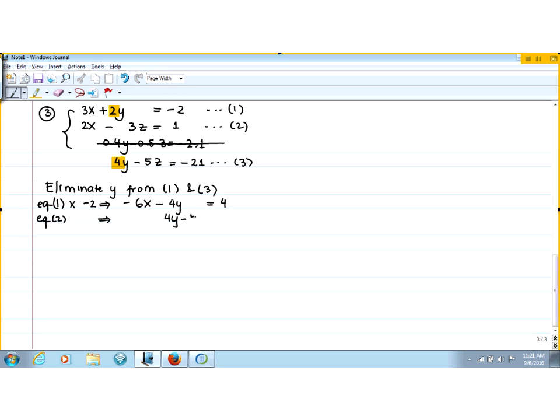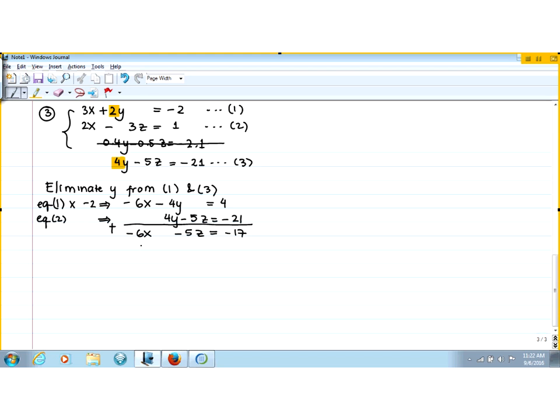Yeah, just copy. 4y minus 5z is negative 21. So the 4y cancels with negative 4y, and we're left with negative 6x minus 5z is negative 17.